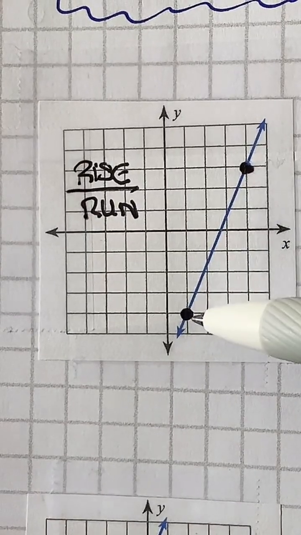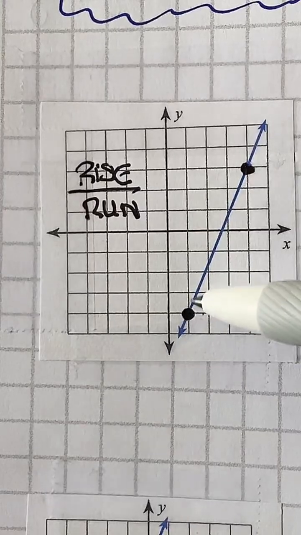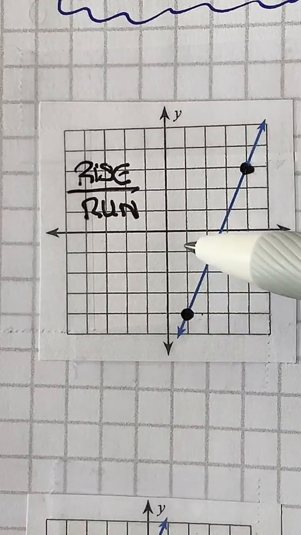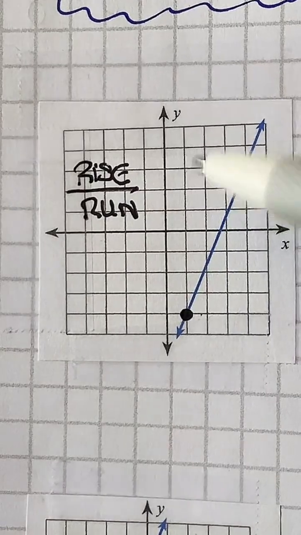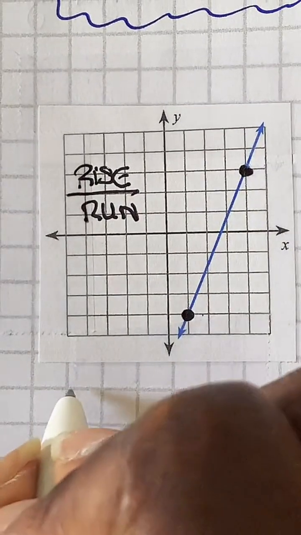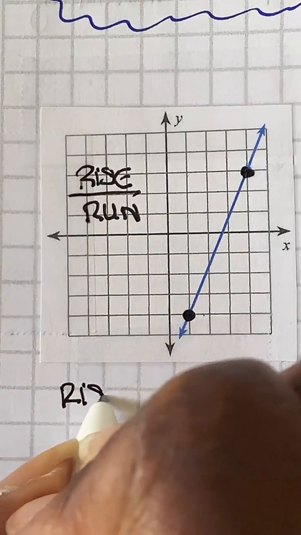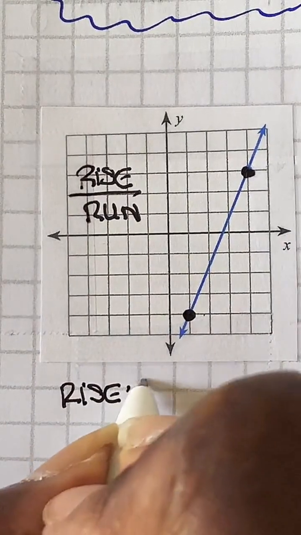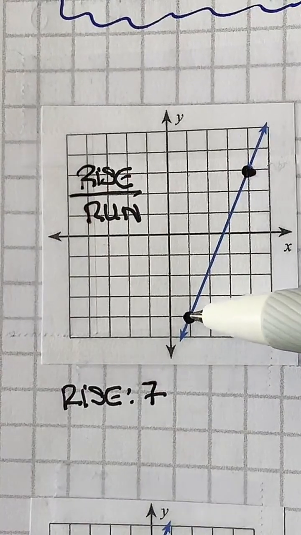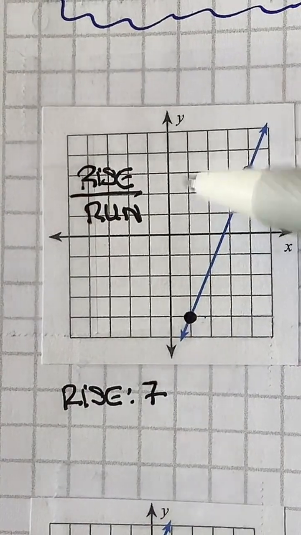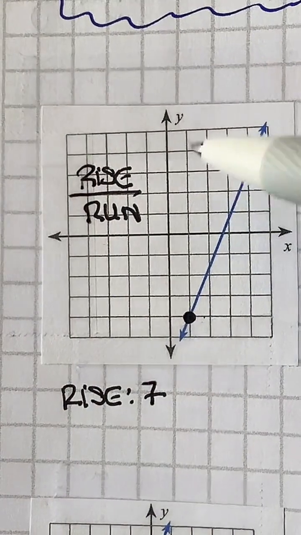So in this case, if I start here, I can walk up 1, 2, 3, 4, 5, 6, 7 blocks. So my rise is 7, because from here, I rose up 7 blocks.